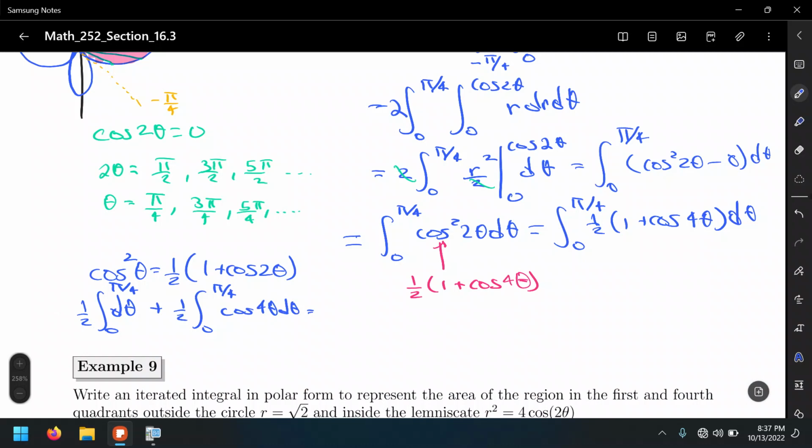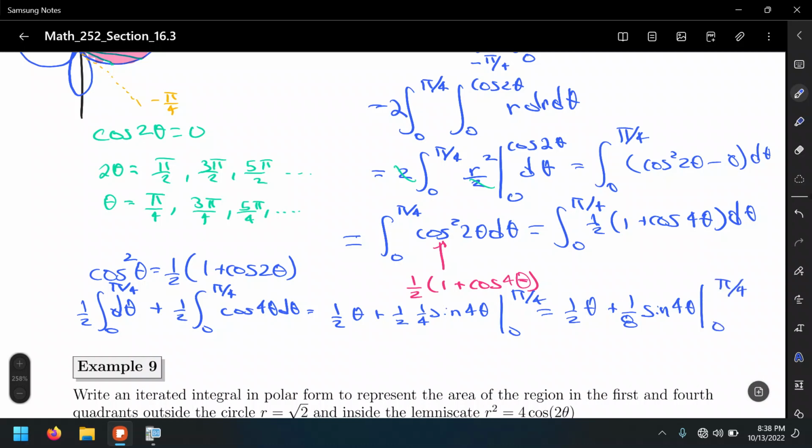The integral of d theta is 1/2 theta, plus 1/2 the integral of cosine, which is sine 4 theta, from 0 to pi over 4, but I left a space over here for that 1/4 that comes from the integration of cosine 4 theta. That's going to give us the following value: 1/2 theta plus 1/8 sine 4 theta from 0 to pi over 4.